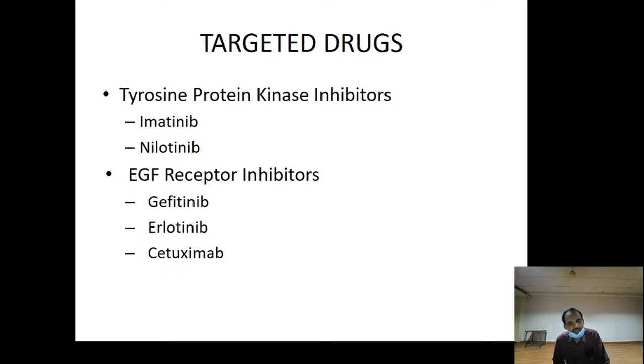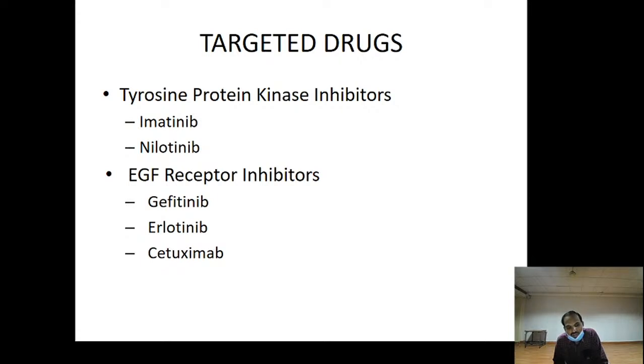Now similarly, there are certain other receptors responsible for regulating cell proliferation, and those are the EGF receptors, epidermal growth factor receptors. These are useful for regulating cell proliferation, especially in the pulmonary epithelium, and also in head and neck cancers and colorectal cancer. So epidermal growth factor receptors are upregulated in colorectal cancer, some head and neck cancers, and lung cancers.